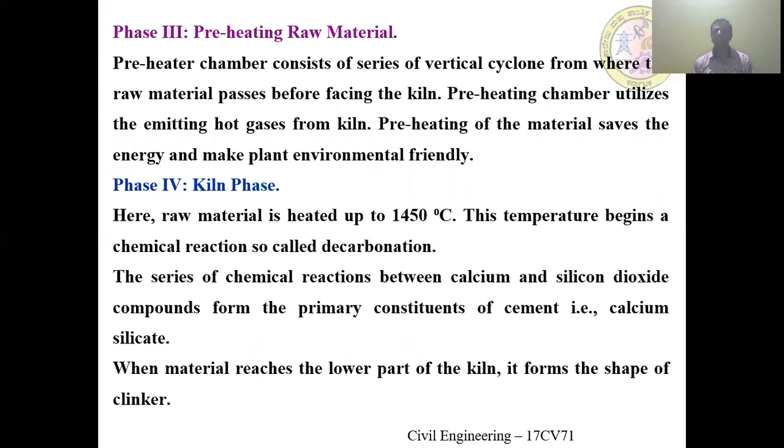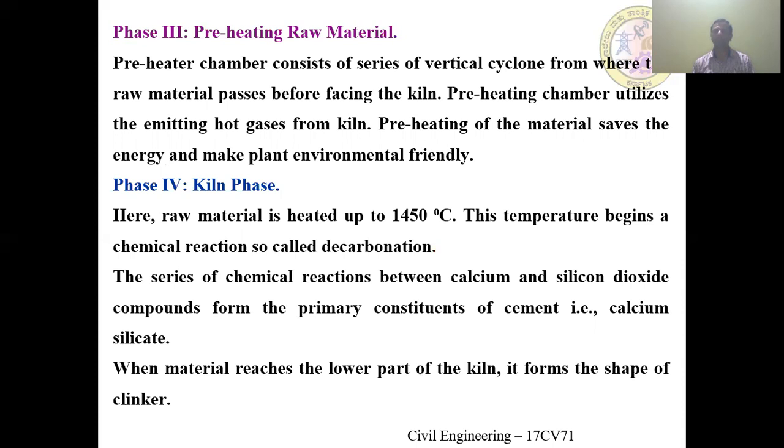In phase 3, preheating of raw materials. The preheating chamber consists of a series of vertical cyclones through which the raw materials pass before entering the kiln.